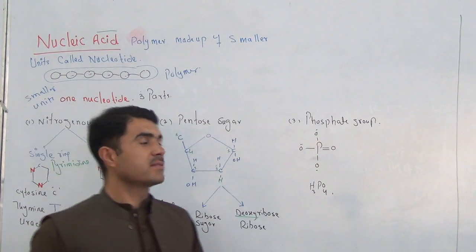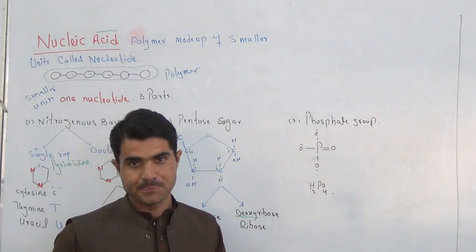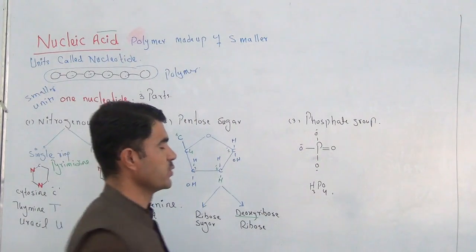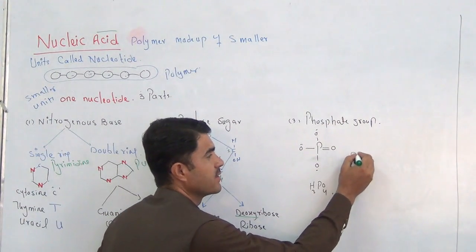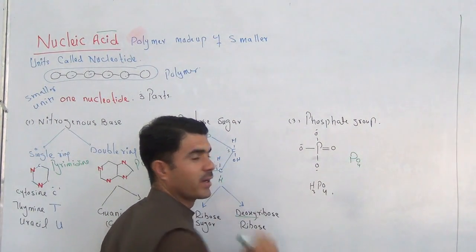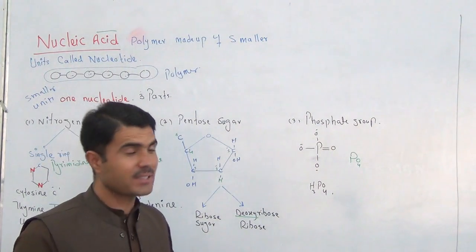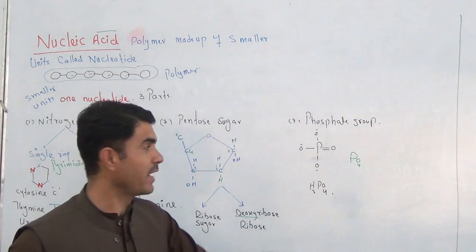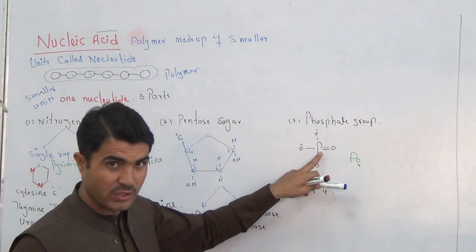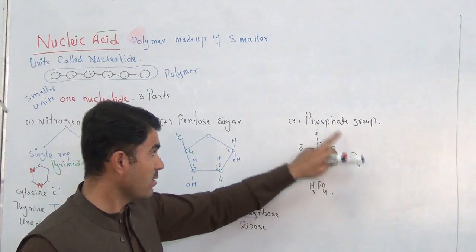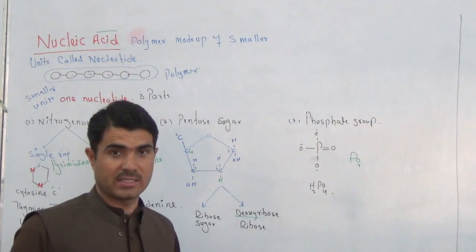The third part is the phosphate group. A phosphate group is usually written simply as PO4. But in the actual structure of phosphate, you will find a single phosphorus atom with 4 oxygen atoms around it.